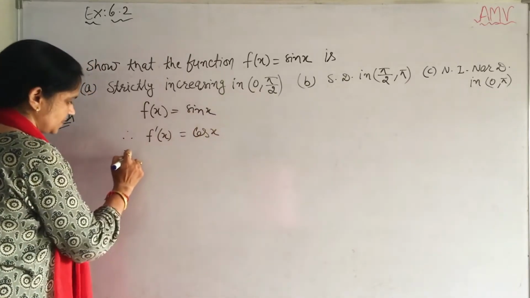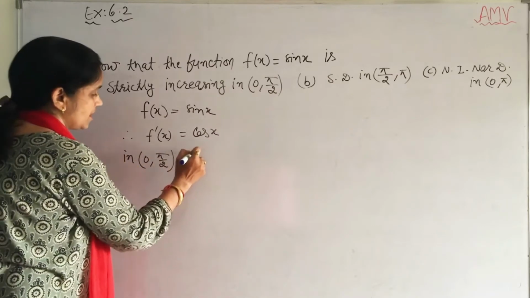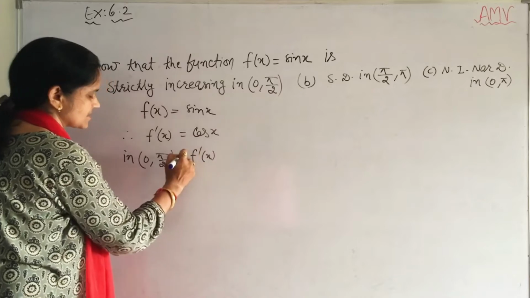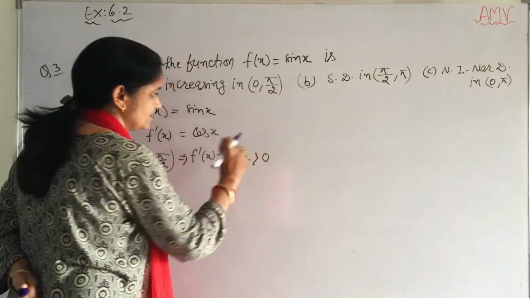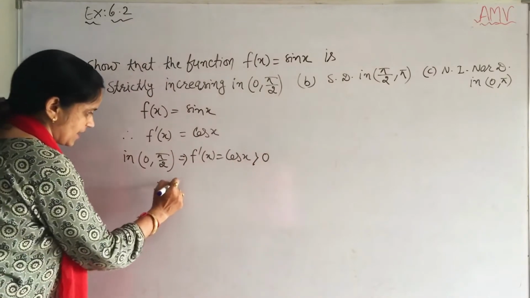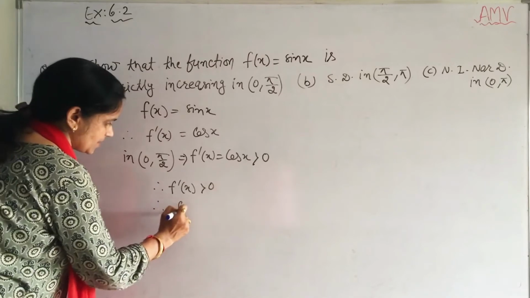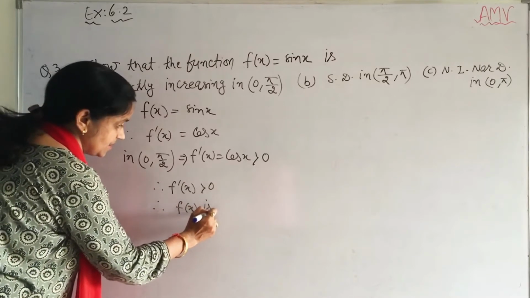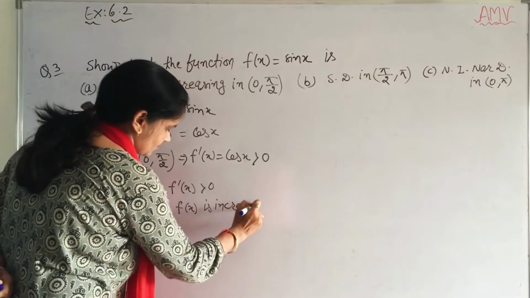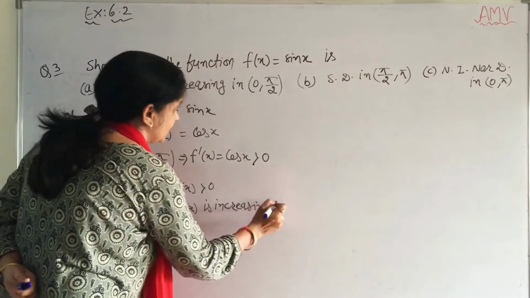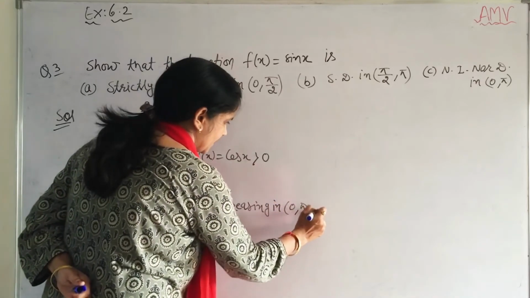In 0 to pi by 2, it is the first quadrant, so f dash x, that is cos x, is greater than 0. Therefore, f(x) is increasing in the given interval 0 to pi by 2.